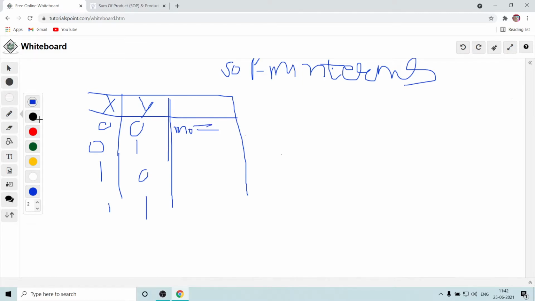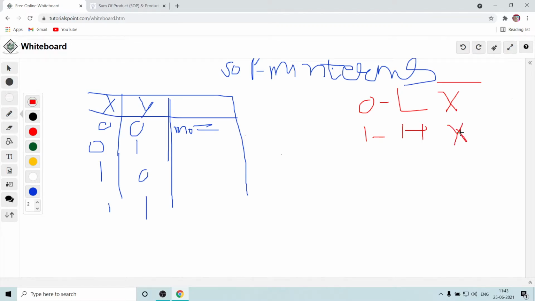Here 0 represents no value, 1 represents high value. So 0 will represent x bar, and 1 will represent x. You can take it for any variable.